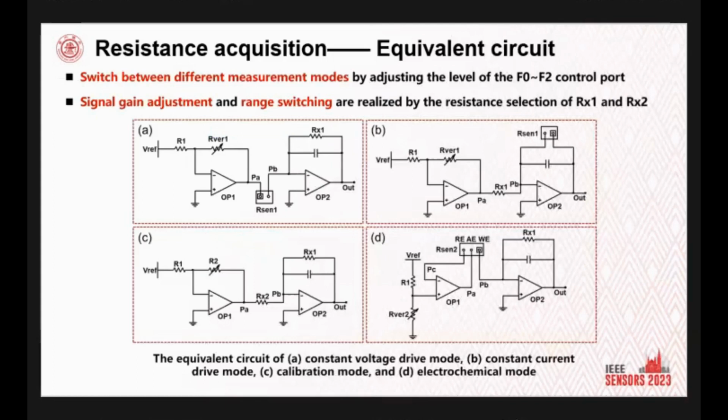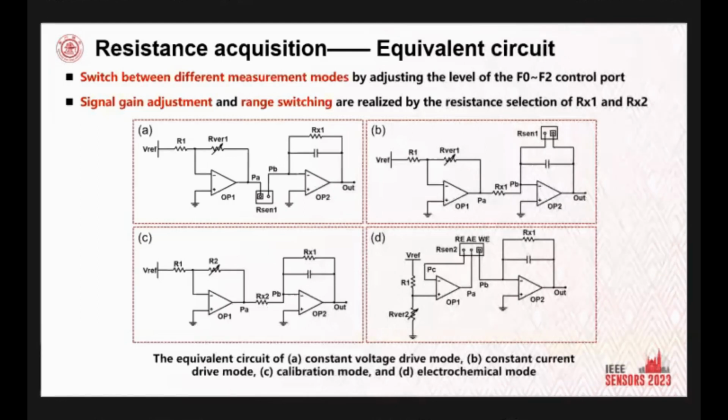In figure D, the left amplifier constitutes a potentiostatic circuit, and the right amplifier performs a transimpedance amplification. By adjusting the level of F0 to F2, functions such as constant voltage measurement, constant current measurement, circuit calibration, and electrochemical measurement can be realized.